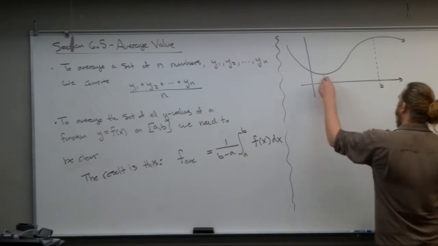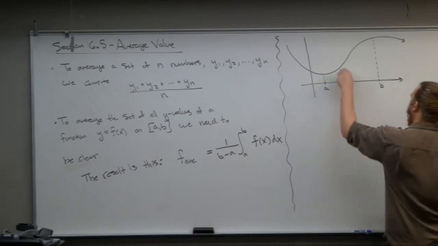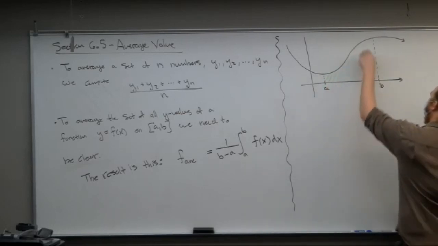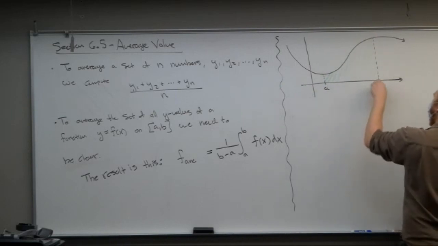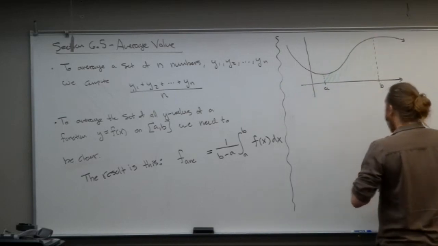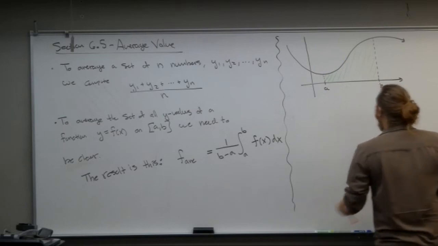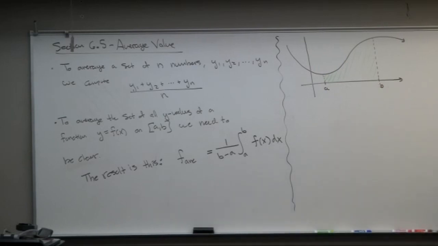The integral from a to b of f is this area. The average value of that function is the unique constant function that bounds the same area.